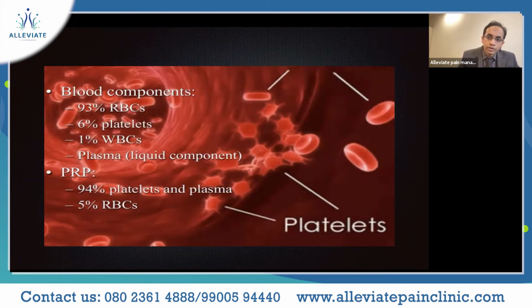So what are we doing over here? We are injecting the PRP so that the joint develops an inherent healthy environment, right? As per the recent literature, PRPs are showing excellent results in early to middle stage of arthritis and comparable results in the later stages.